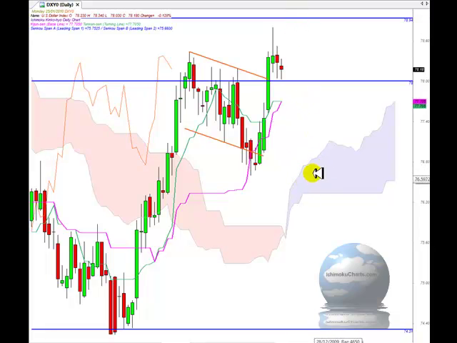The market is above the cloud, or the Kumo, so that tells us that the market has an overall positive bias, and the market is trading up above the Tenkan Sen and Kijun Sen. We almost have had a crossover of the Tenkan Sen and Kijun Sen.